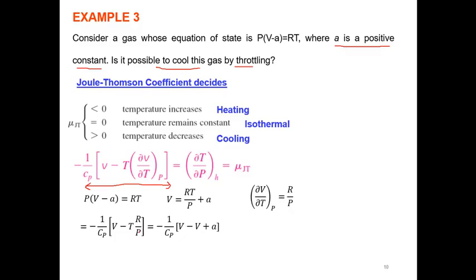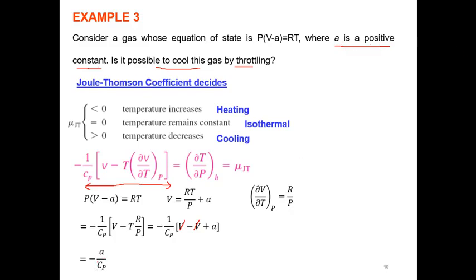Now RT by P is equal to V minus A, so if we simplify, this term cancels out, and the remaining will be minus A by Cp.